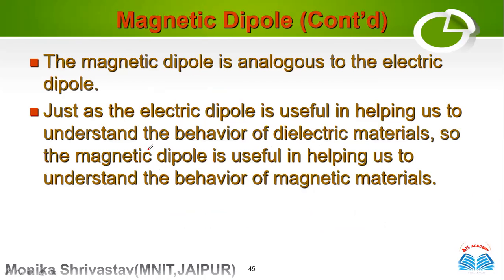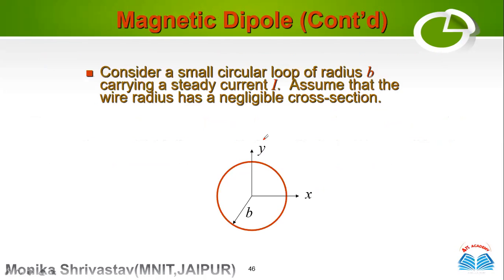Just as the electric dipole is useful in helping us to understand the behavior of dielectric materials, the magnetic dipole is useful in helping us to understand the behavior of magnetic materials. If you want to study the magnetic materials, then we have to study the magnetic dipole.